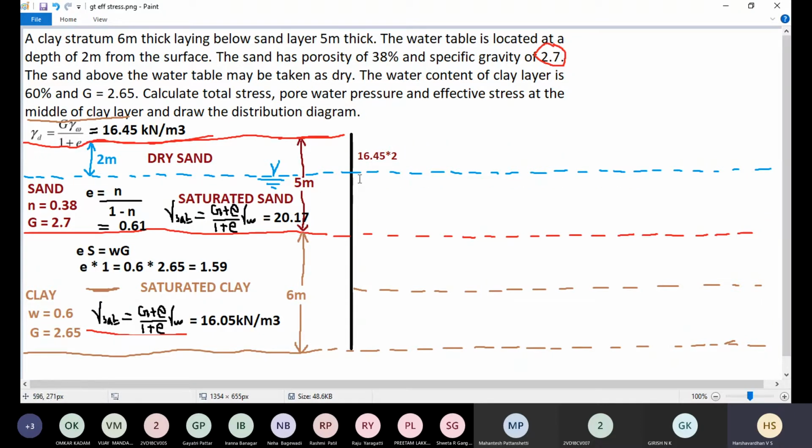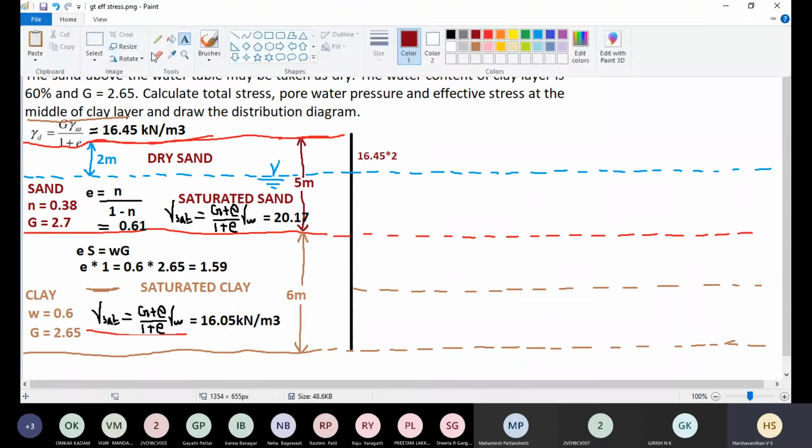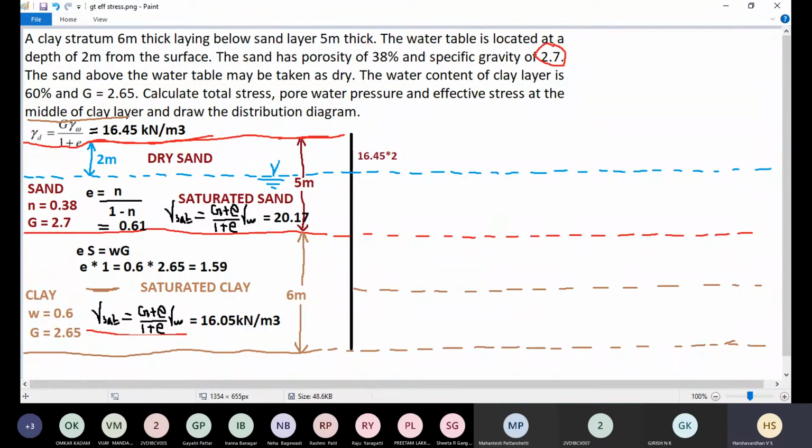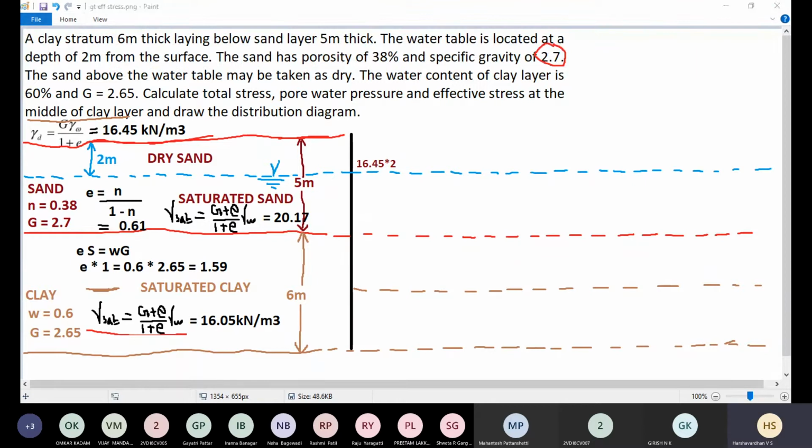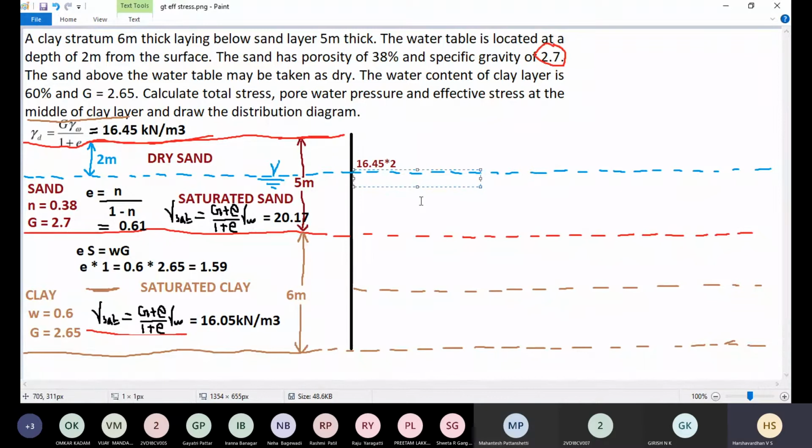So total stress is, what is the total stress at 2 meter depth? 32.9 kilonewton per meter square.